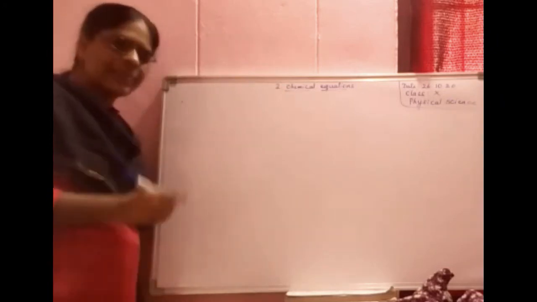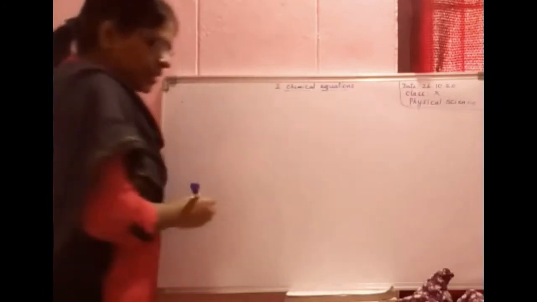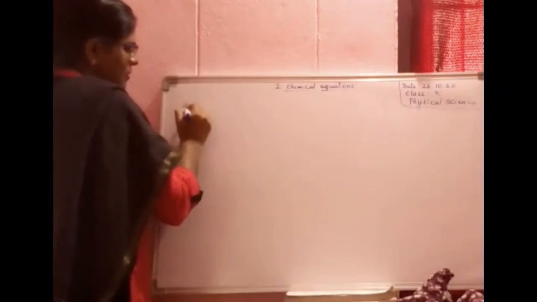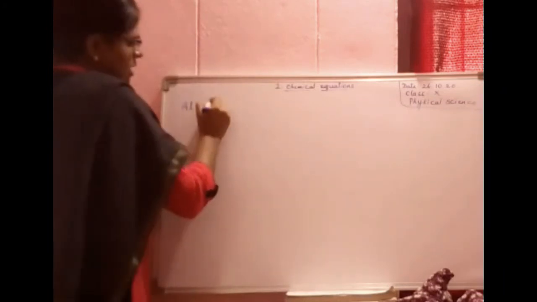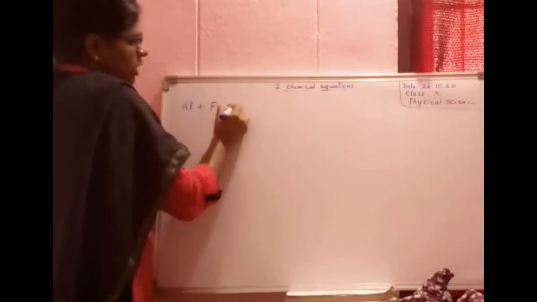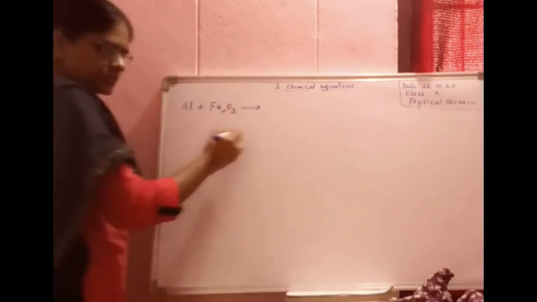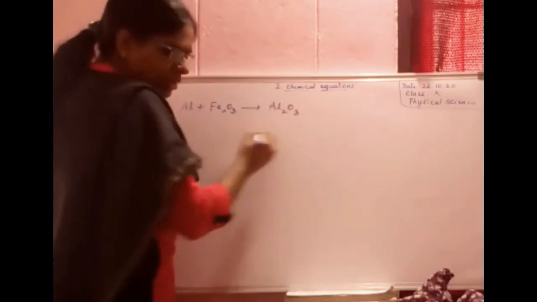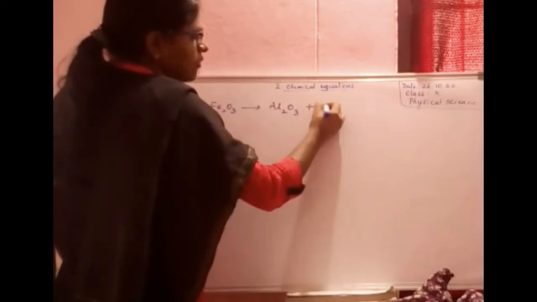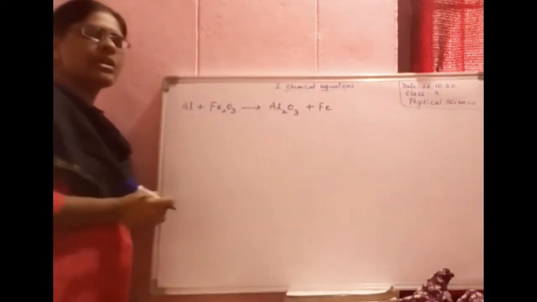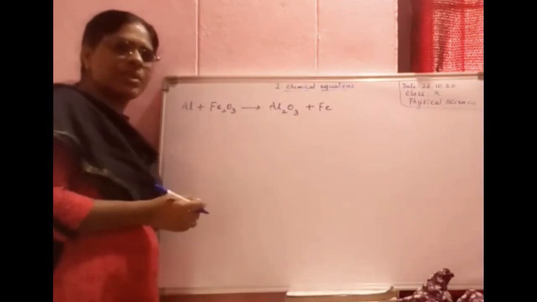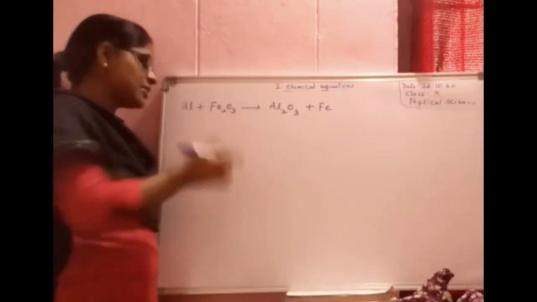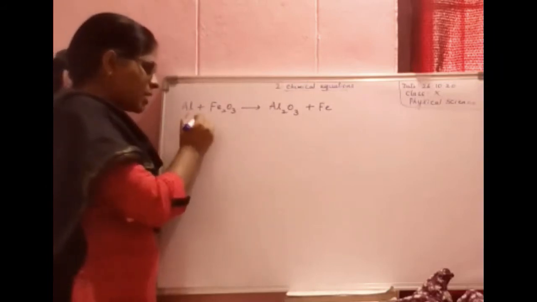In example 1, he has given Al plus Fe2O3 gives Al2O3 plus Fe. This was the chemical equation given in the problem, and below that, the atomic masses.